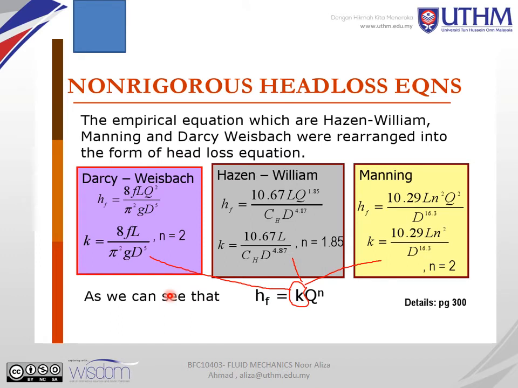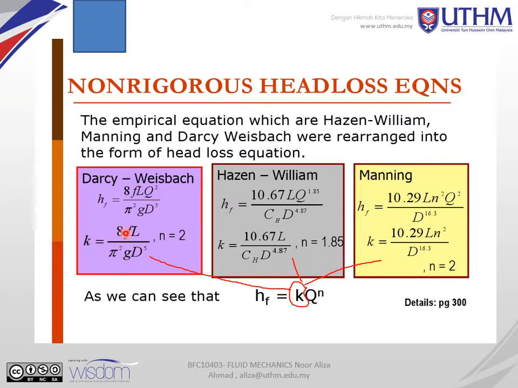Non-rigorous head loss equations: we use the empirical equations, which are Hazen-Williams, Manning, and Darcy-Weisbach. This chapter we use for your project. We must learn to use Darcy-Weisbach to get HF.